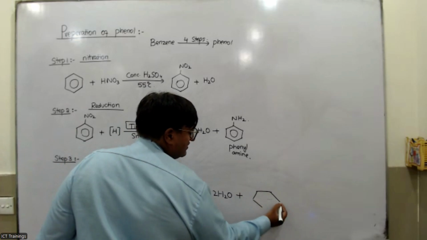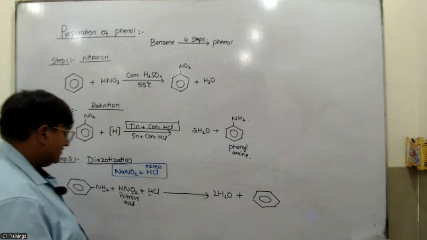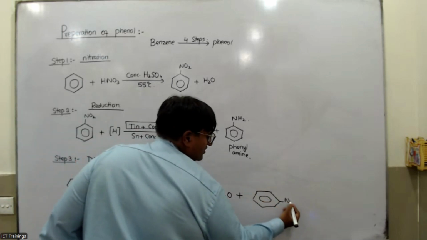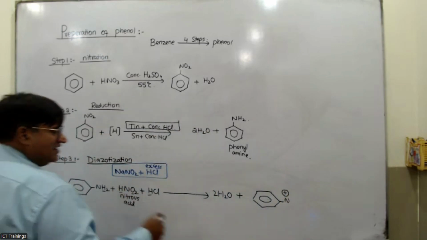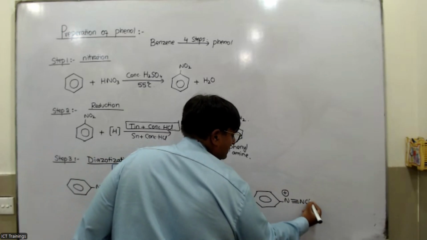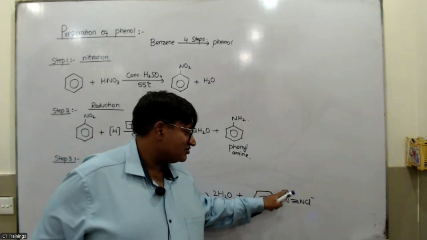Everybody just listen. So this is the benzene. So we got this nitrogen, this is the nitrogen with a positive charge on it, and this is the other nitrogen, so triple bond N and then Cl minus. So why is this nitrogen positive?